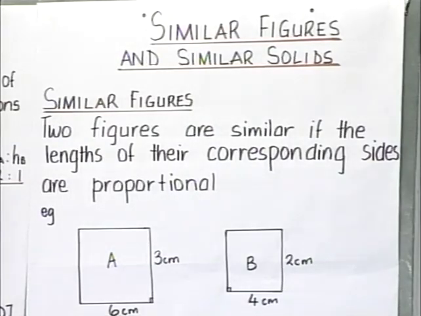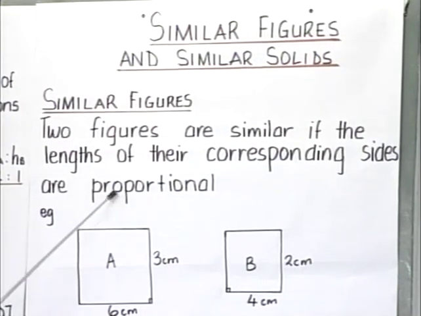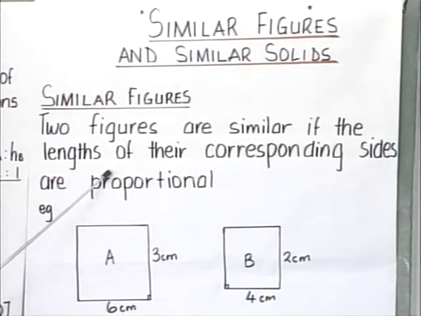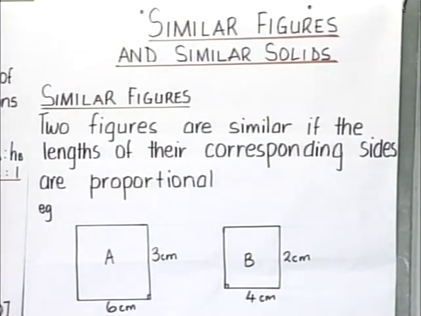You all know what similar figures are. It's the same as what you know about similar triangles. Similar figures are those figures that have their corresponding sides proportional. And if we were doing geometry, then we would say their corresponding angles are also equal.